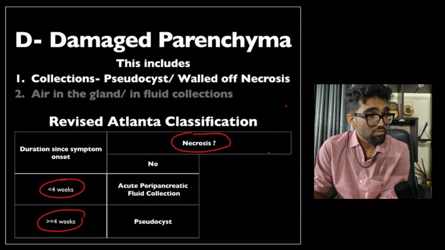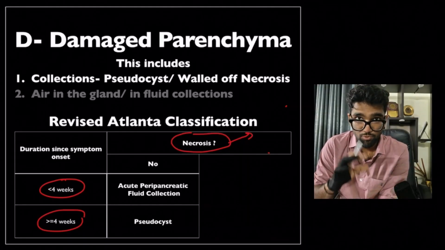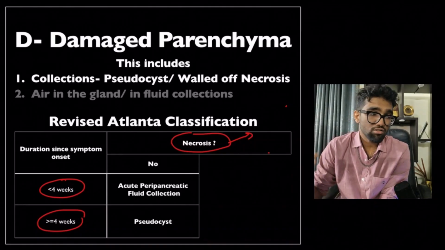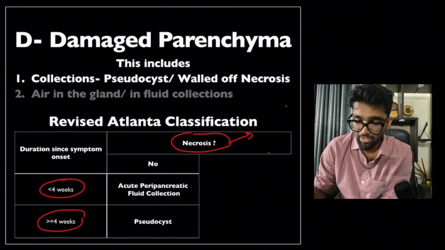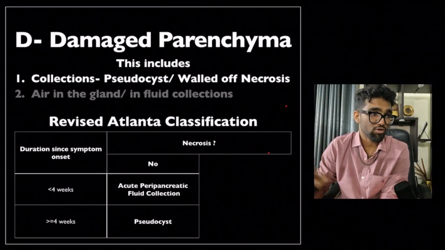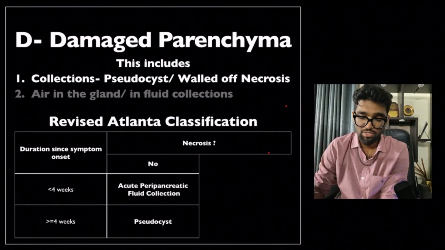We've already understood that pancreatic necrosis implies lack of enhancement, and peripancreatic necrosis means that the fluid around the pancreas has inhomogeneous attenuation at different parts, and or the fluid is extending into the pancreatic parenchyma. Obviously, the pancreatic parenchyma, if it is not necrosed, is going to remain intact.